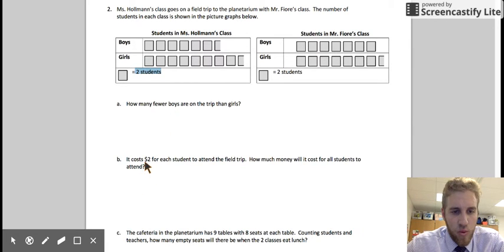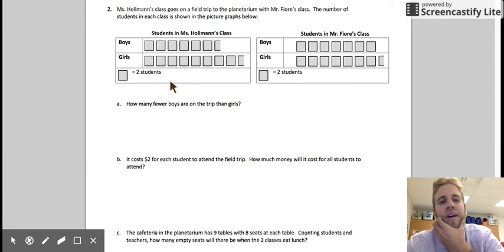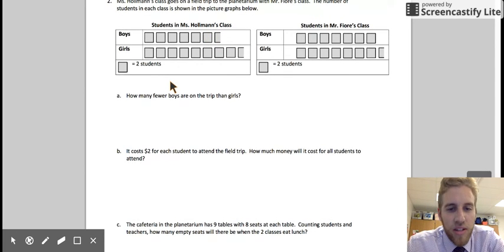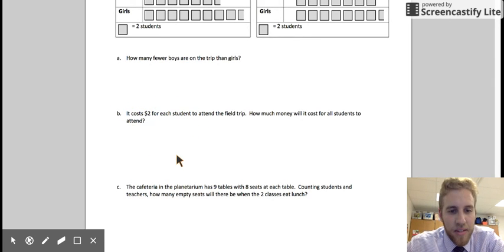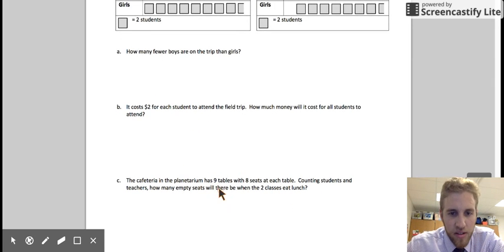So if one student costs $2, then 2 students would be like $2 plus $2, so it'd be $4. So you could add up, these would all be $4 because it's 2 students each, except for here because there's only 1 student, so that's going to be $2. So you could add up that way. A bunch of different ways you could solve through this one. Just do your best work. We'll go over this one in class tomorrow and see how we did, as well as part C.